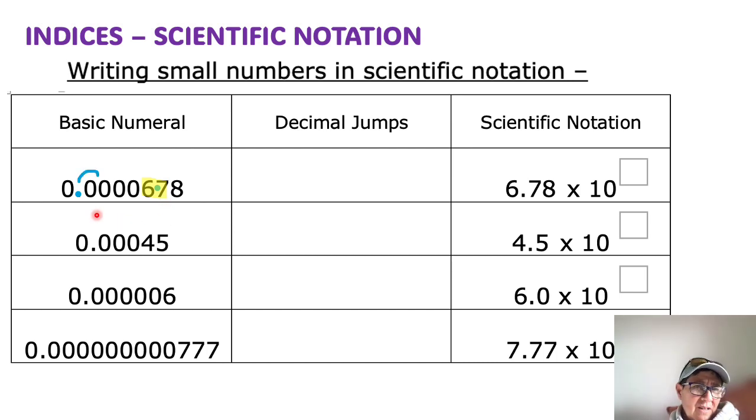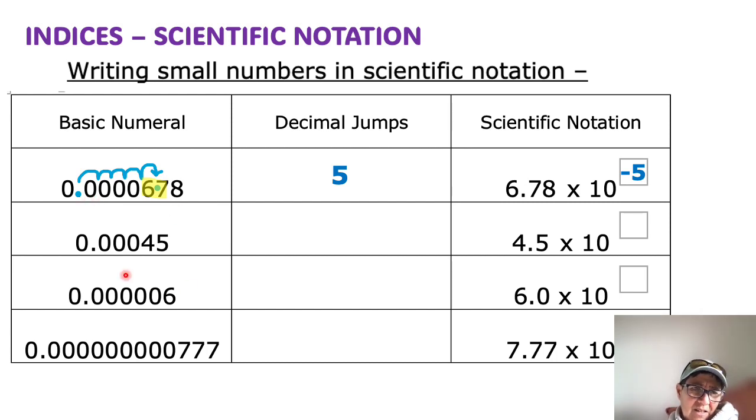How many jumps? 1, 2, 3, 4, 5 jumps. Now, I jumped the opposite way than before, didn't I? I moved the decimal place backwards. So I'm going to put up here -5. And you remember a negative index means divide. So if I divide 6.78 by 10 5 times, I'll end up back at that crazy little number.